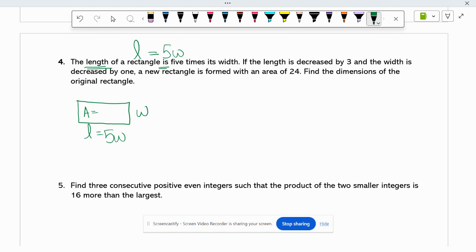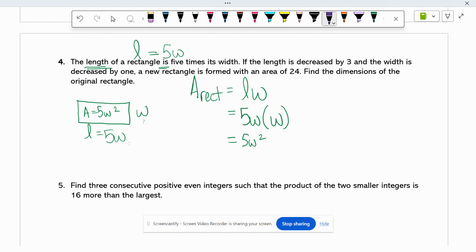Well, the area of the green rectangle is the length times the width. What is my length times my width? Guys, what is 5W times W? 5W squared. Okay, so that's this area right here, 5W squared.